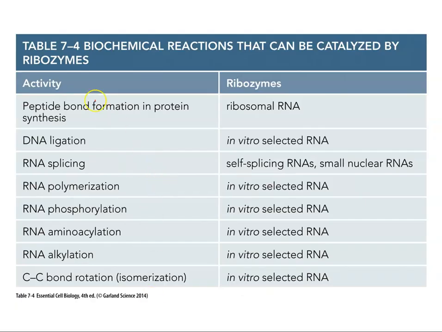So rather than protein enzymes, we're talking about RNA-based enzymes. They're called ribozymes. They can form peptides, and carry out DNA ligation, splicing, polymerization, phosphorylation, alkylation, bond rotation. So they have a lot of different functions, and they're based on RNA structures.